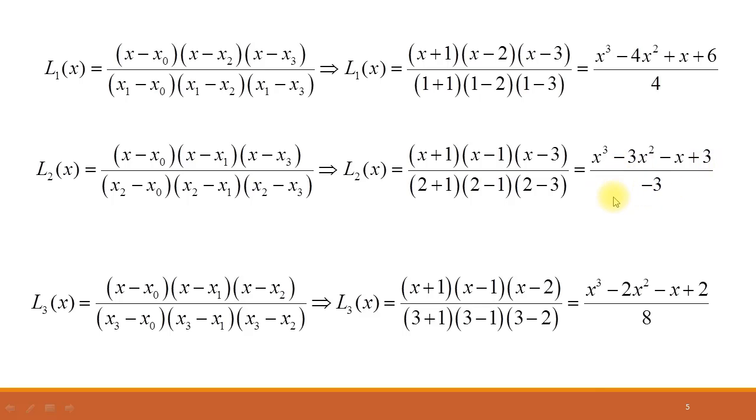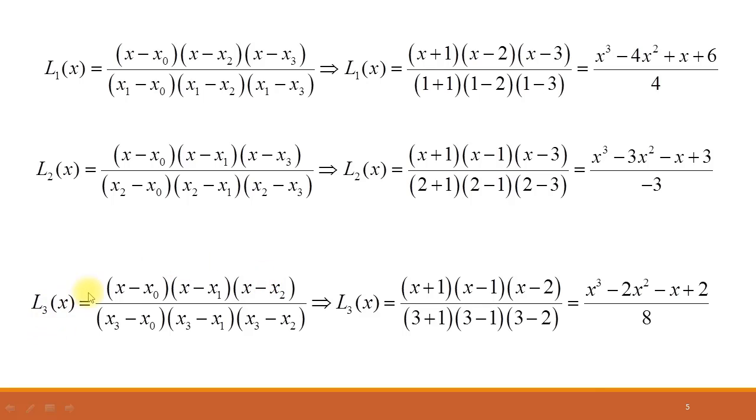Now for L3, do not write x3 in the numerator, and subtract the remaining x values from x: x minus x0, x minus x1 and x minus x2.